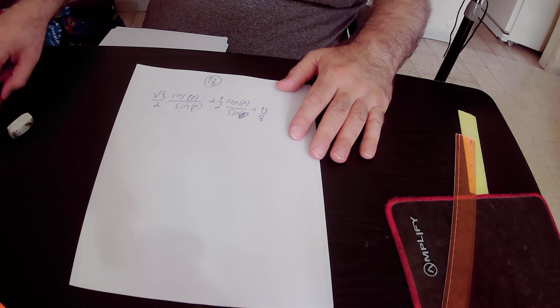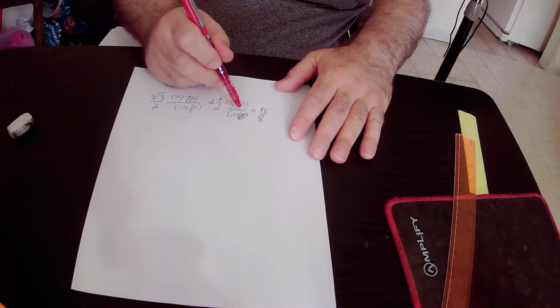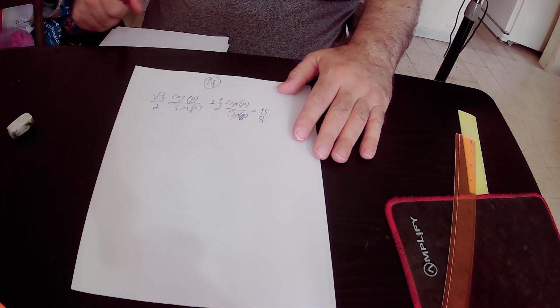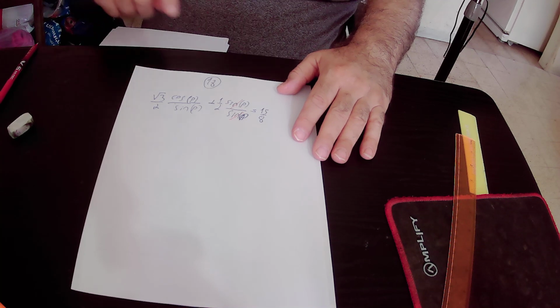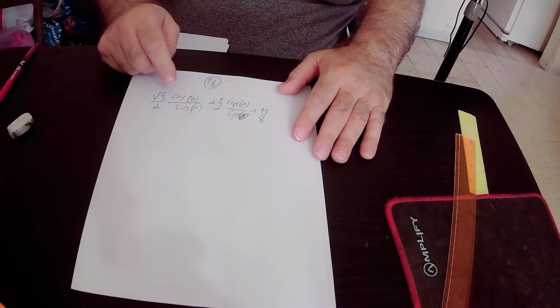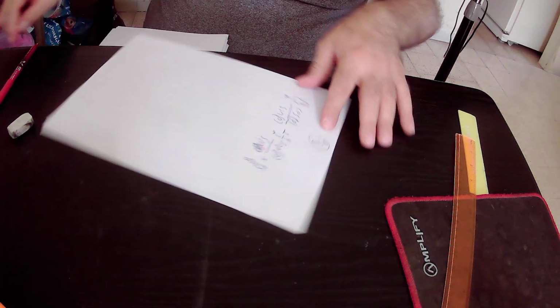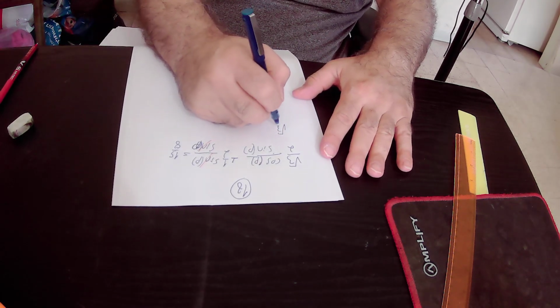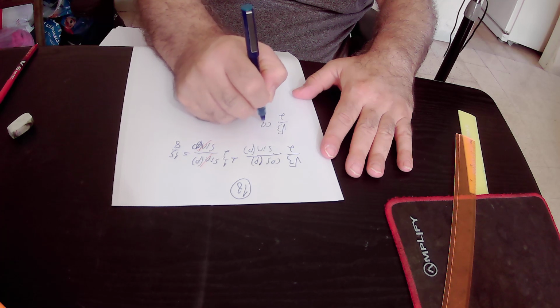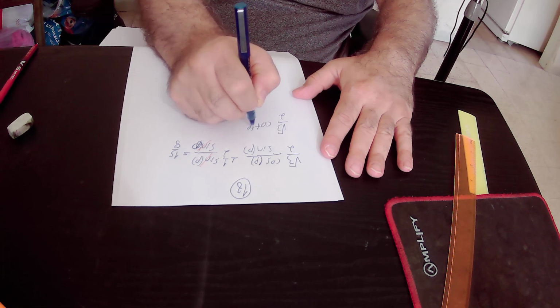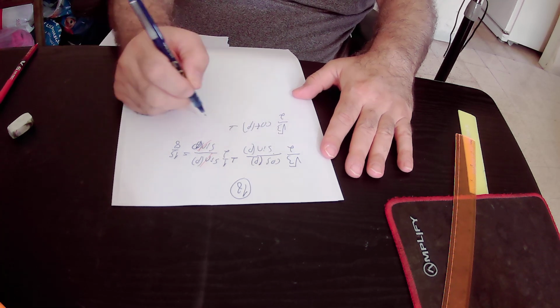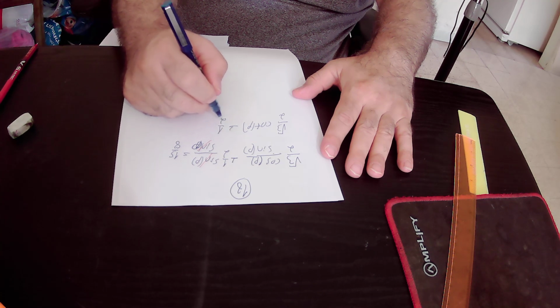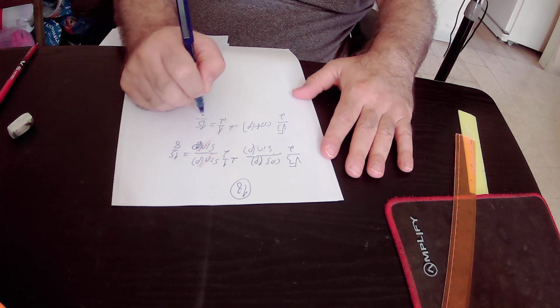So sine p over sine p is 1, and cosine p over sine p is cotangent p. So we get that root 3 over 2 times cotangent p plus 1 over 2 equals 15 over 8.